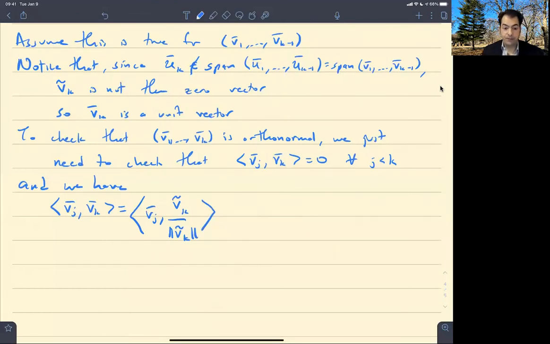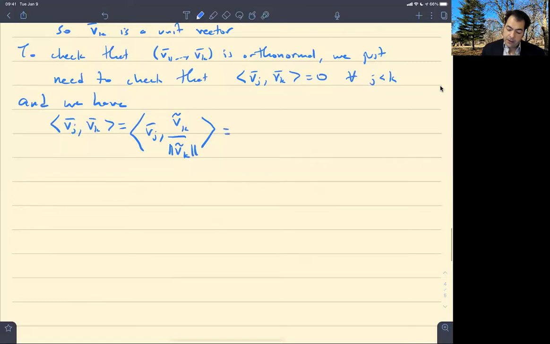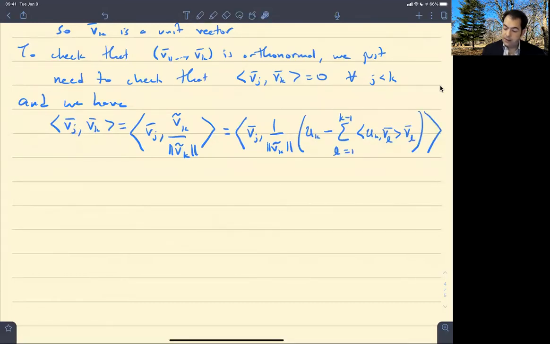On the other hand, I can write Vk tilde as Uk minus the sum when l goes from 1 to k minus 1 of the inner product of Uk against Vl times Vl. Okay, this is what Vk tilde is.